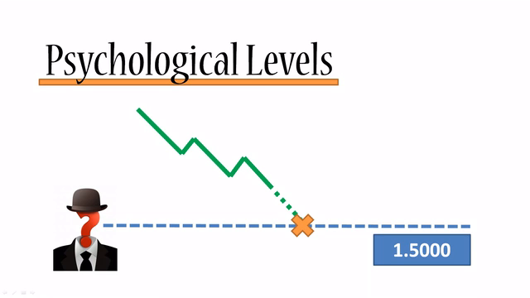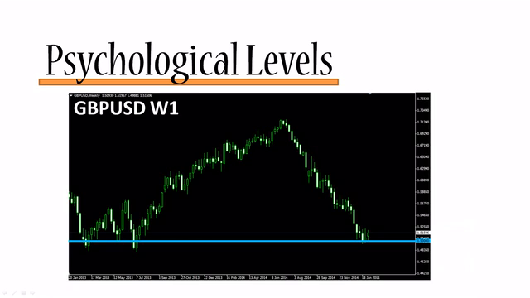So let's have a look at an example from a real chart. Here I've got the British pound dollar weekly chart, and I just took this out of my terminal, so this is fresh as of today, 4th of February 2015. As you can see, the British pound dollar currency pair is approaching, or has approached, this blue support line, and guess what it is?